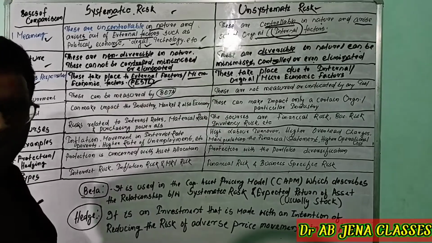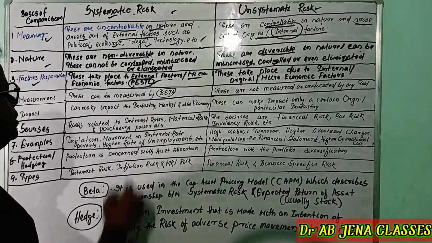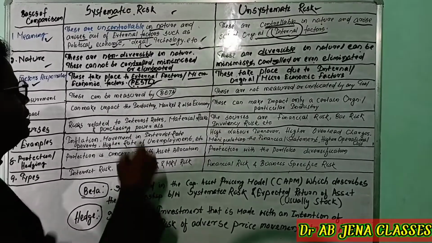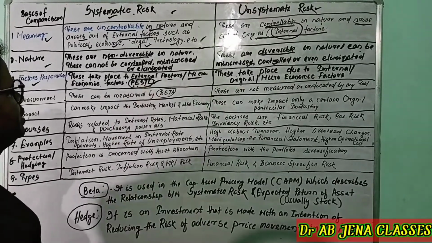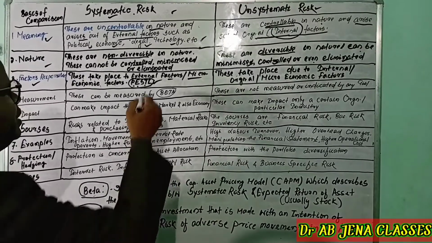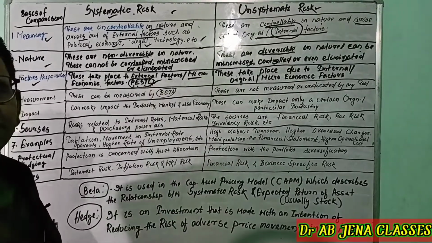P stands for political environment, E stands for economical, A stands for socio-cultural environment, T stands for the technological environment and L stands for the legal environment.